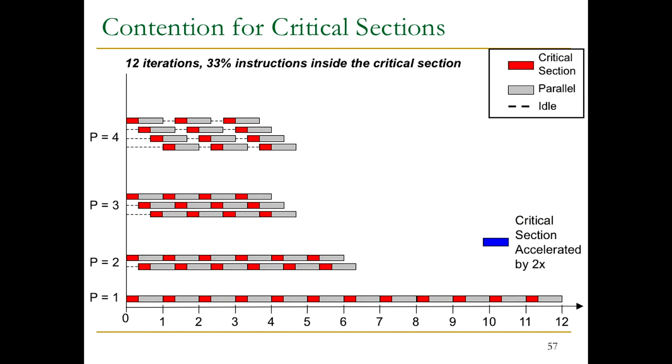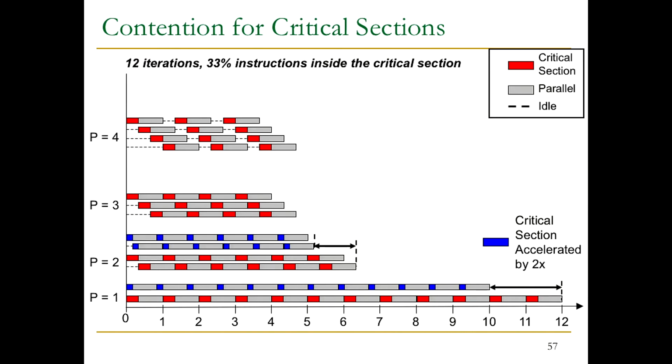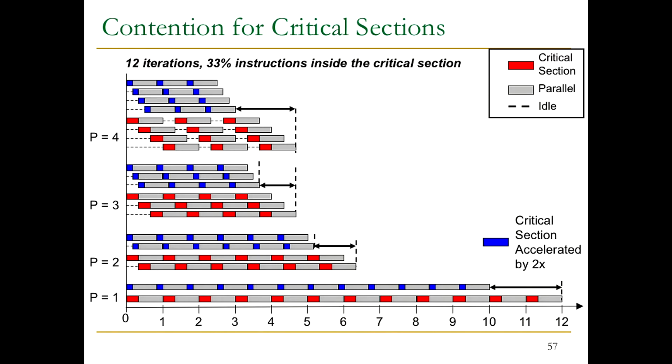Now, let's assume that we magically accelerate the critical section by 2x. Okay, you improve performance with a single thread also. With 2 threads, you improve performance also. With 3 threads, you improve performance. But if you notice over here, your bottleneck is still not the critical section. Your bottleneck is still in the parallel portion. So as you add more threads, you still keep improving performance, right?